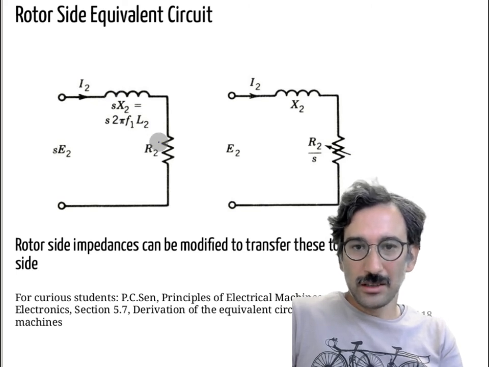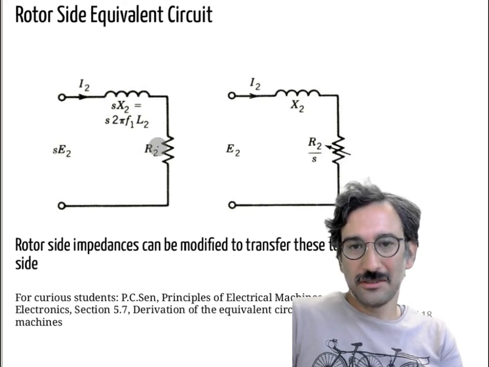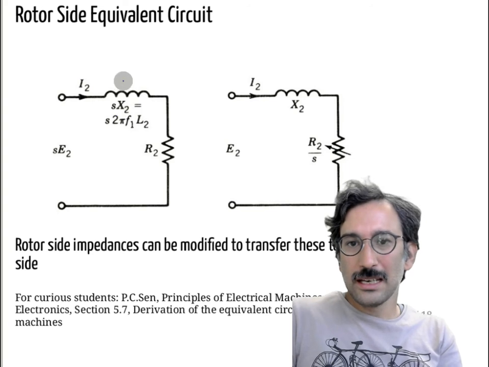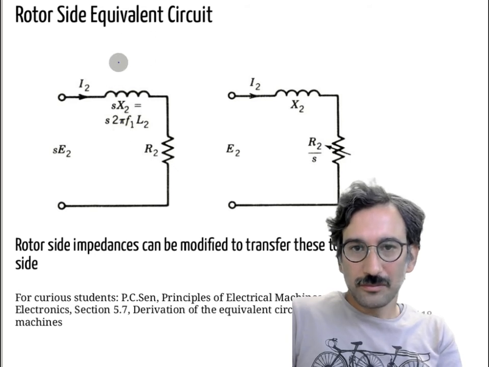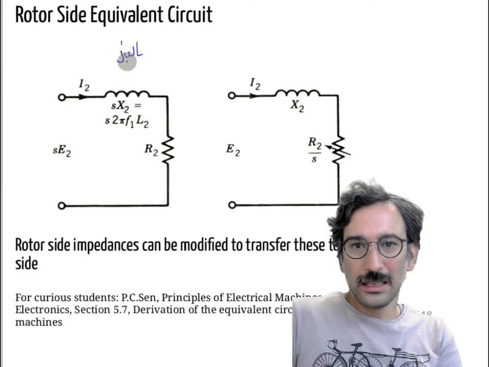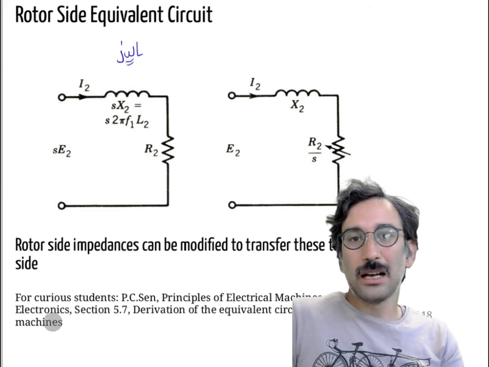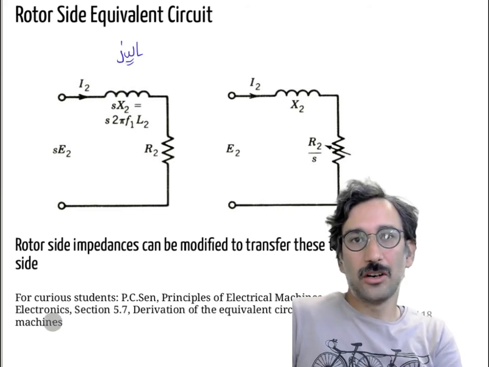And we have R2, that is just resistance, and I can write the inductance as again normal jωL, but that omega is not actually our stator excitation frequency.